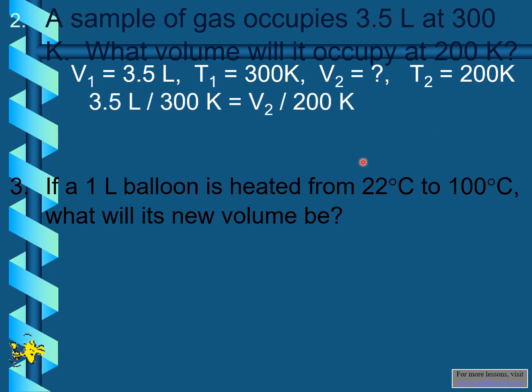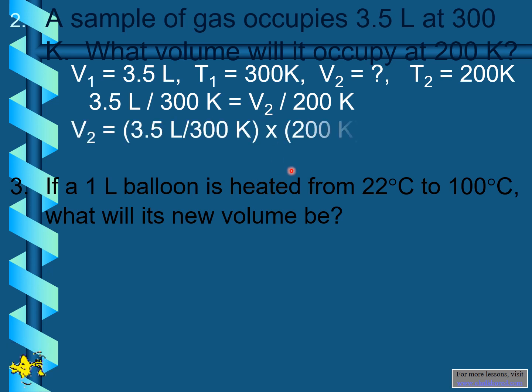Using the equation V1 over T1 is equal to V2 over T2, it's just a simple manipulation of the equation again. We multiply the temperature 2 on the other side of the equation. It will give us an answer V2 equal to 2.3 liters.